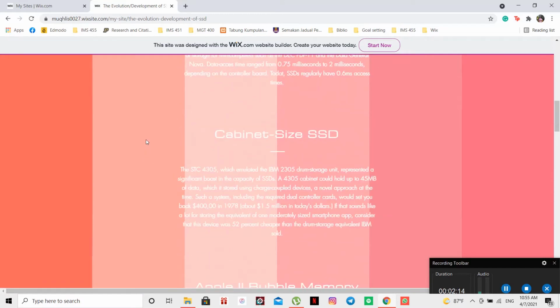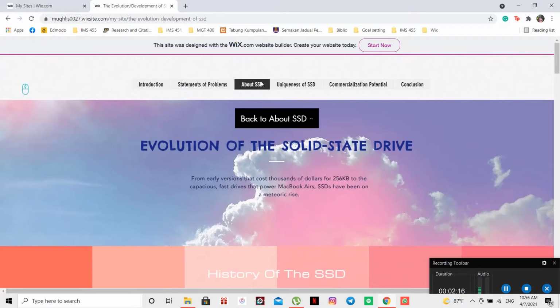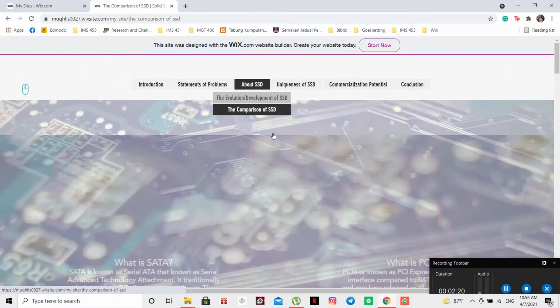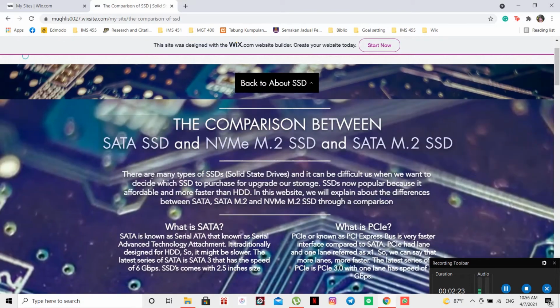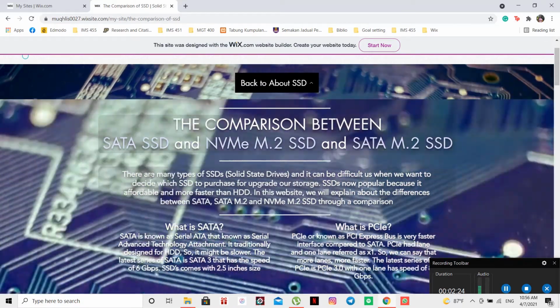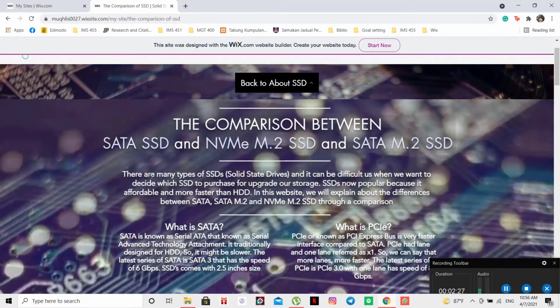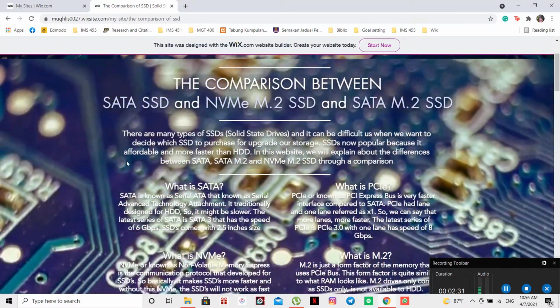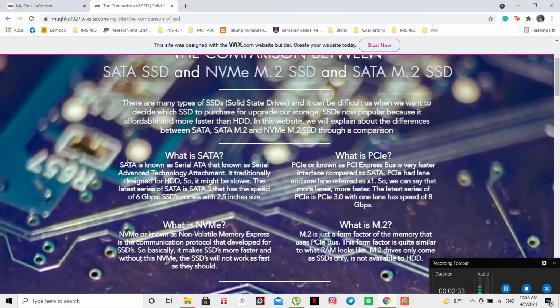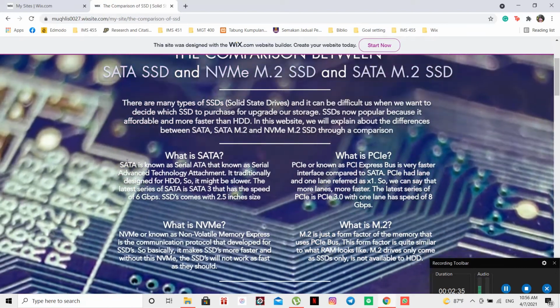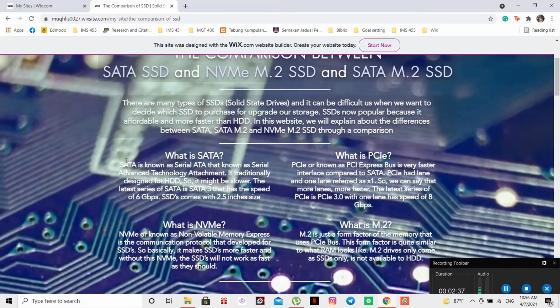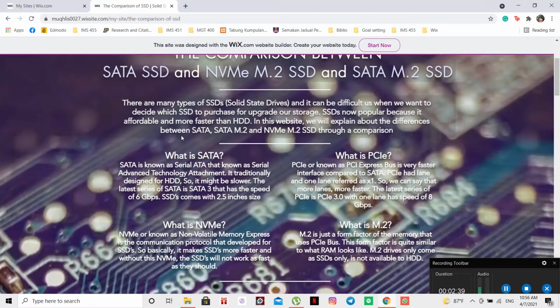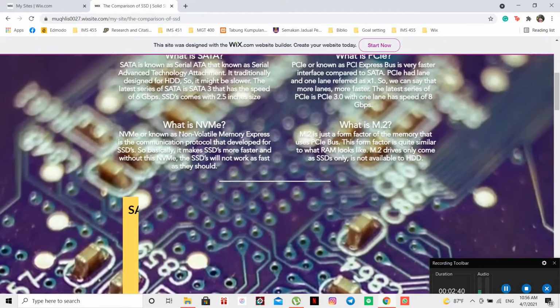After that, moving on to the second web page, which is the comparison of SSDs. In this web page, we state all the types of SSDs in the world, and then we try to compare which SSDs are currently used, or mostly used, due to their high performance.